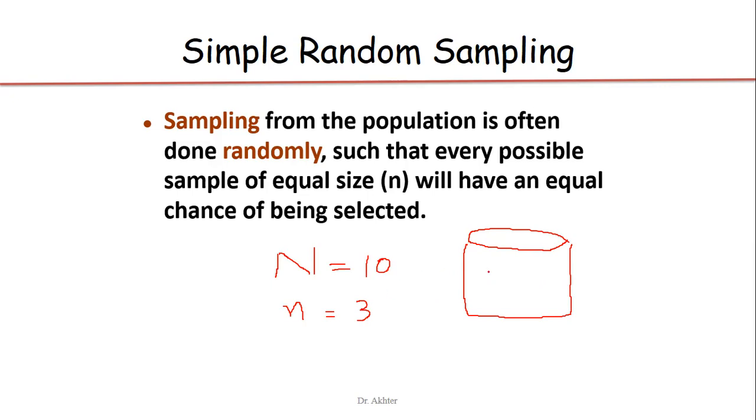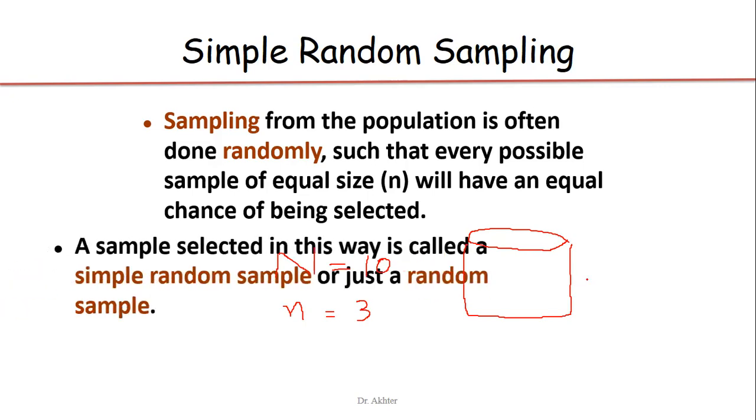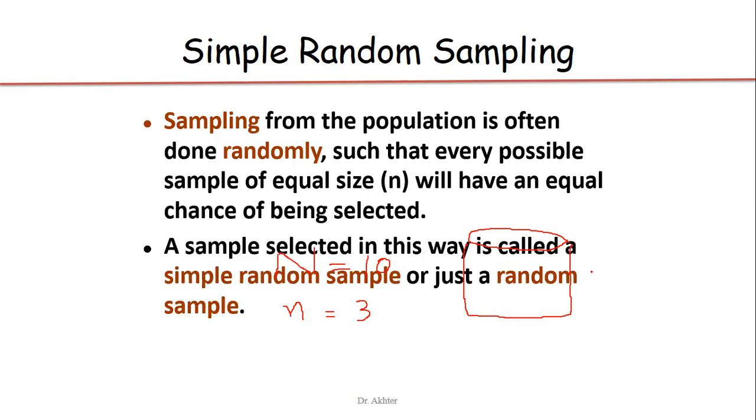So I can select thousands of elements from a limited population. So a finite population will be assumed to be infinite if we are selecting the samples with replacement. A sample selected in this way is called a simple random sample, or just a random sample.